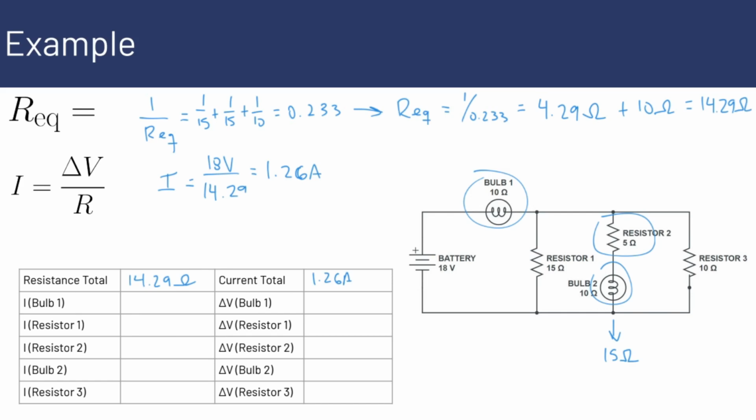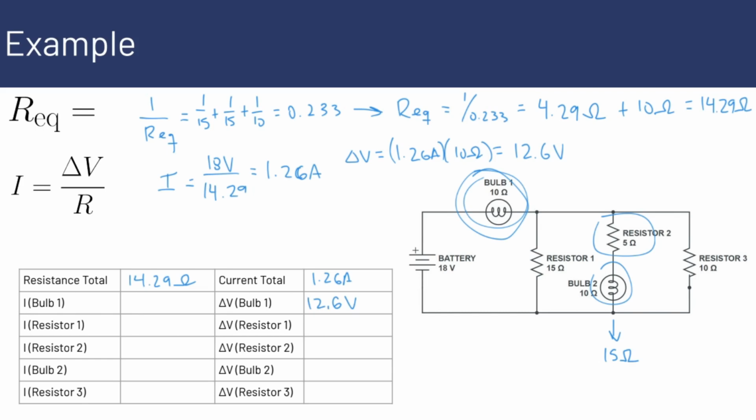So we can figure out now the voltage drop across bulb 1. Delta V is equal to 1.26 amps times 10 ohms. So that gives us a voltage drop of 12.6 volts. We'll put that in this spot right here, 12.6 volts.